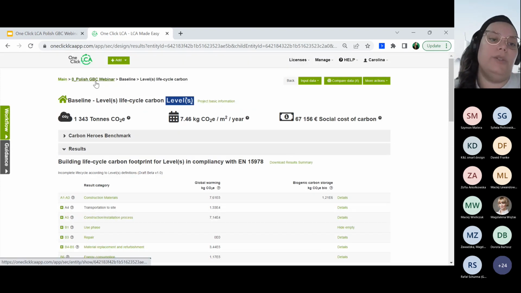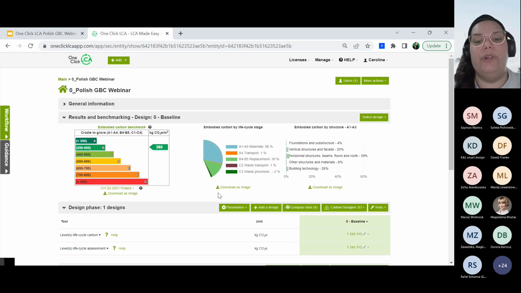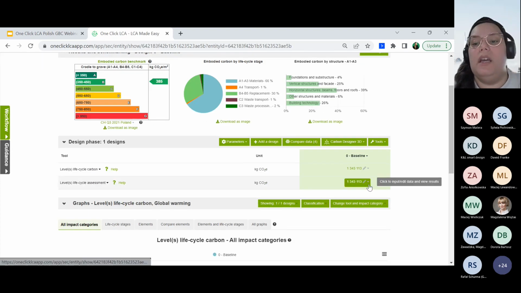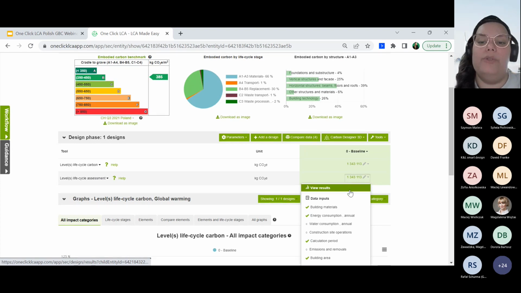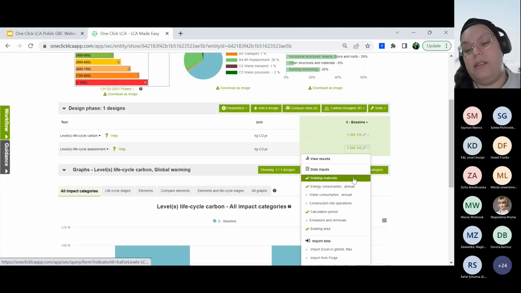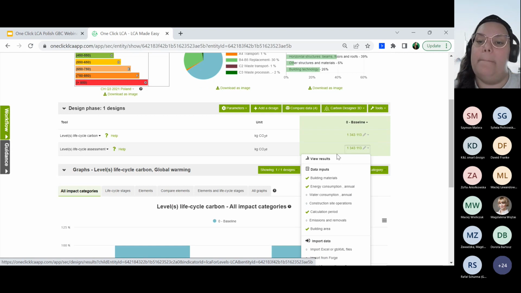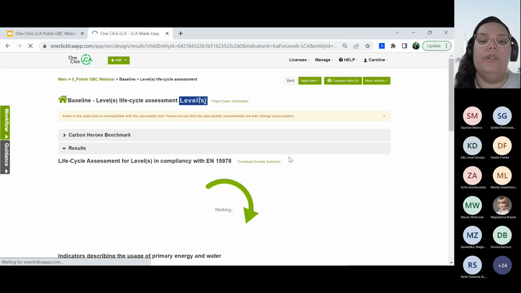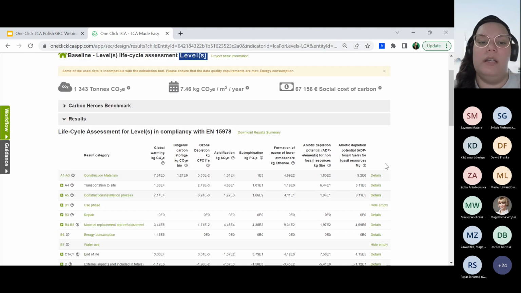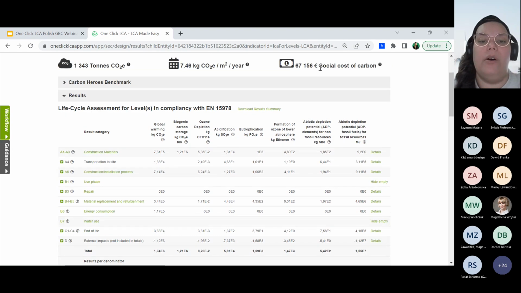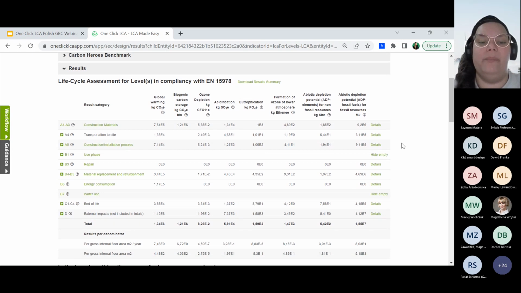And if we would like to look at it from the perspective of the full life cycle assessment, here we have both tools. So they are considering the same information for the same design. I can just go straight away to the results, and I can see here all the other impact categories and their results as well.